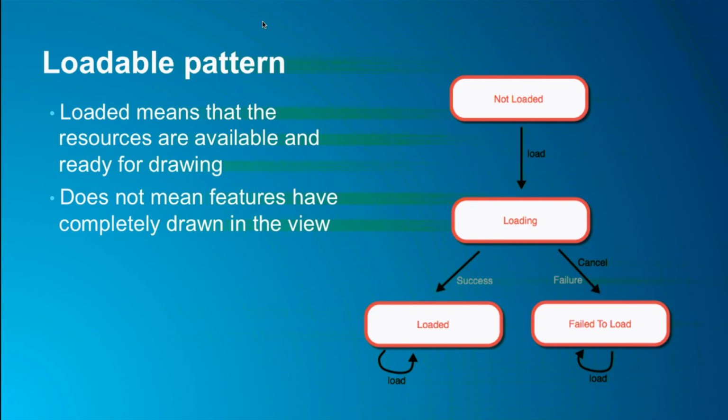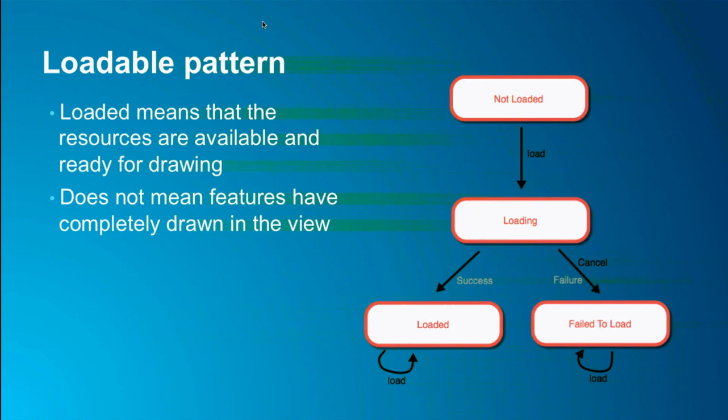So it's kind of hard to talk about portal without talking about the loadable pattern. So a lot of times in our documentation, you'll notice that we talk about resources that are loaded versus not loaded. And this just simply demonstrates what loaded means. So when we have a resource such as a web scene, we call the load method to load the data. But when that promise resolves, it returns a promise.